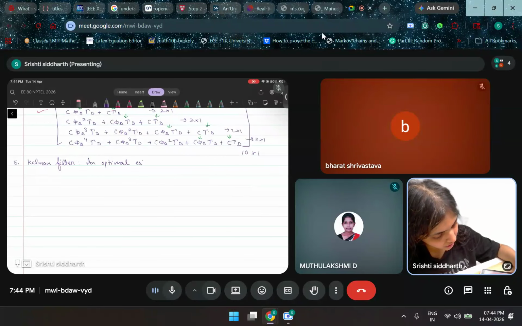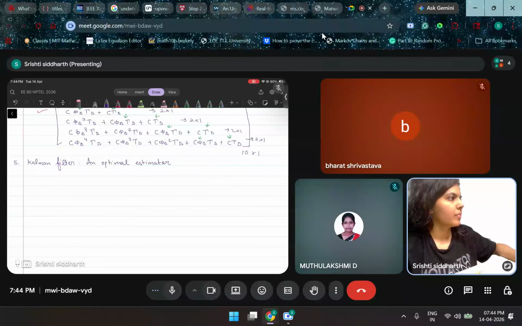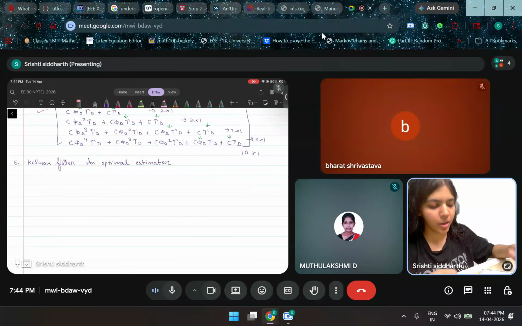We have already discussed how to find the solution of the optimal gain, right? Using the algebraic Riccati equation. So what does it minimize? If it's an optimal estimator, it optimizes something, okay? So it minimizes the mean of the squared error.